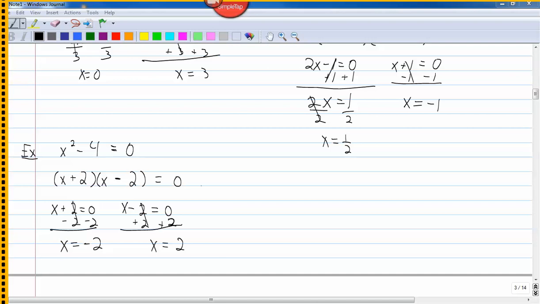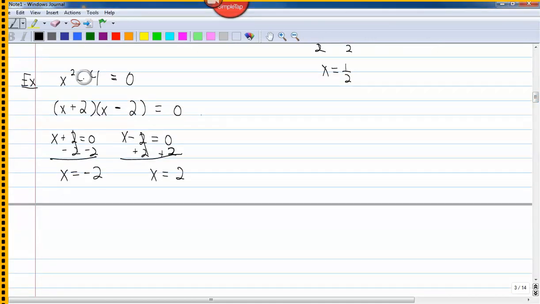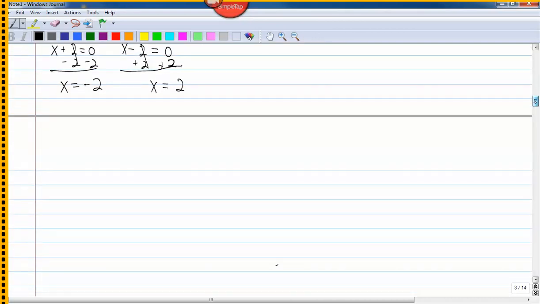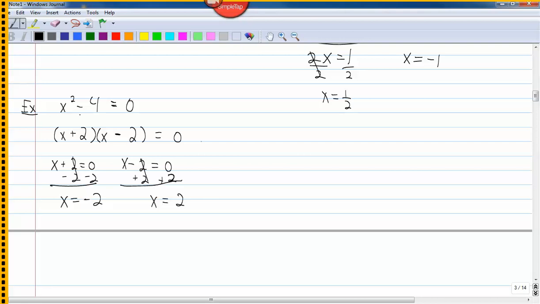The square root method will work whenever we have quadratic equations that do not have the middle term or the x term. Okay, that's one type of quadratic equation that it'll work with. For example, this last problem that I just worked, factoring, can also be worked out using the square root property.